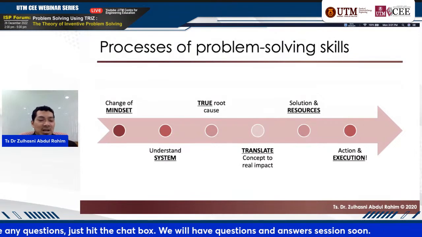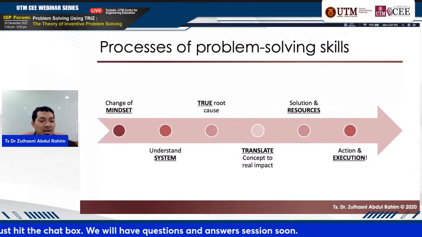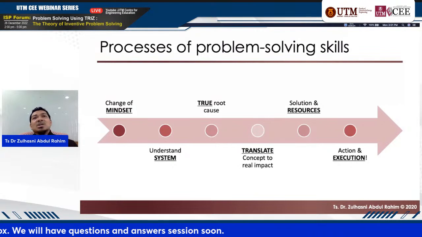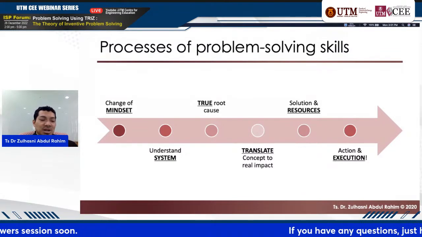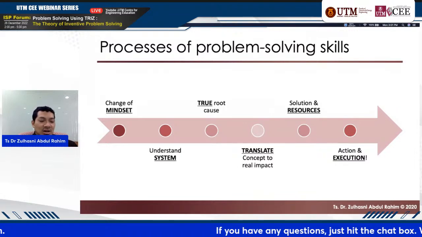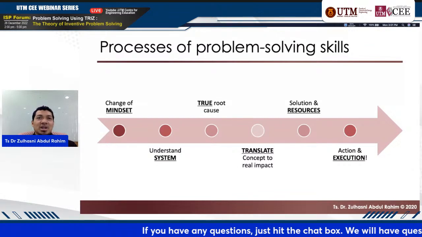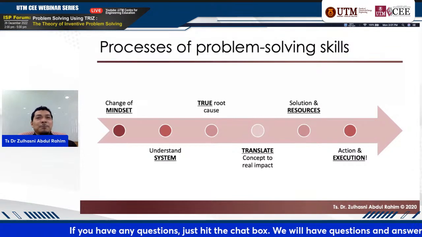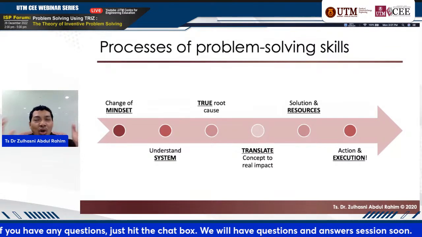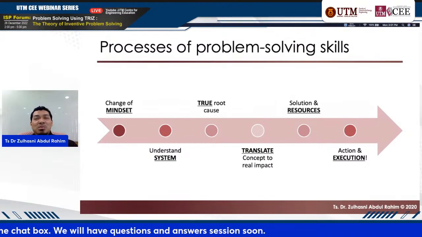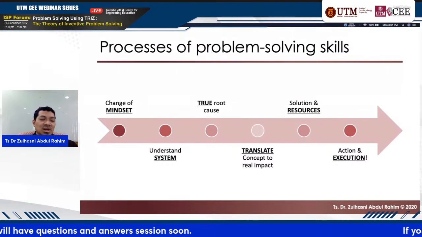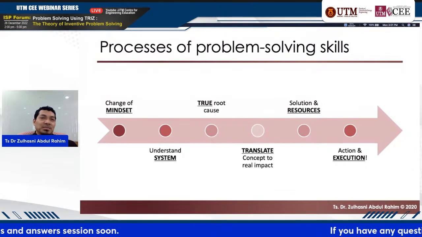The second part is actually the system base. On the system base, we look into all engineering elements, focusing on the system base, where we look at all the problems and all the concepts of problems that you will encounter in the context of a system.